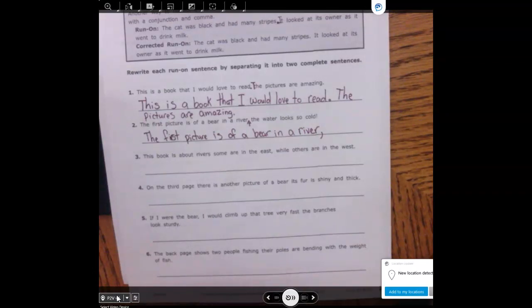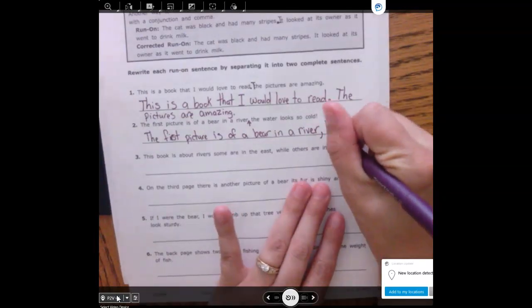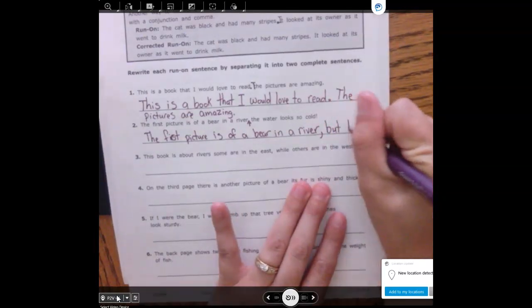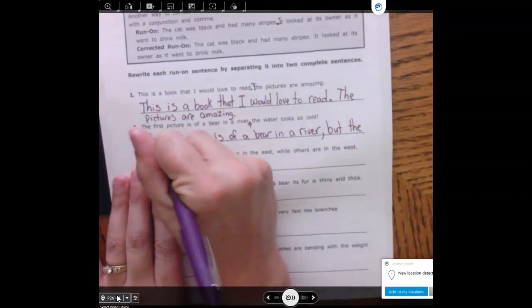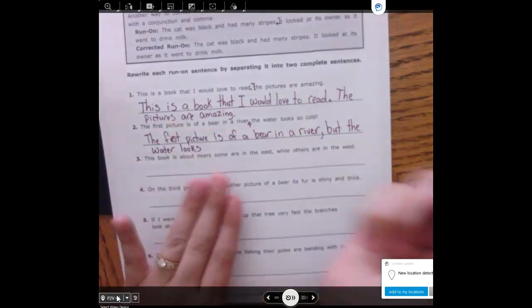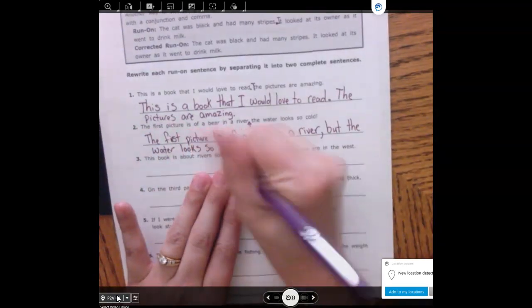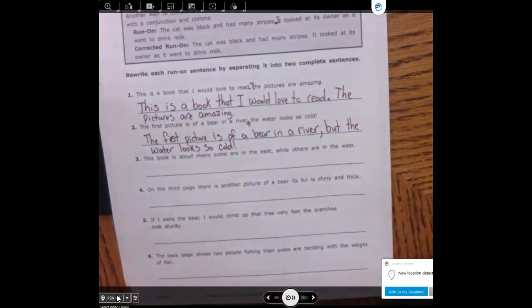Well, because doesn't really fit. And could work okay, but I think I like the word but. I'm going to use that. But the water looks so cold! Exclamation mark. Okay. All right.